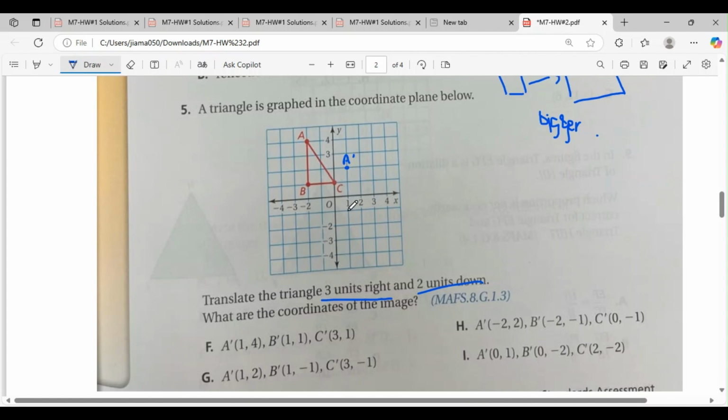B is right here. Let's see C. 3 units right. 1, 2, 3. 2 units down. 1, 2.